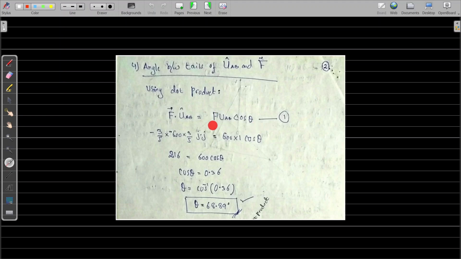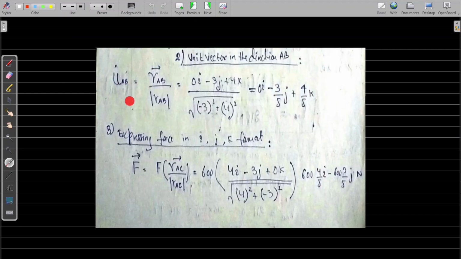We have already given you the value of F in the question, the magnitude is 600, and the magnitude of unit vector AB will always be 1.